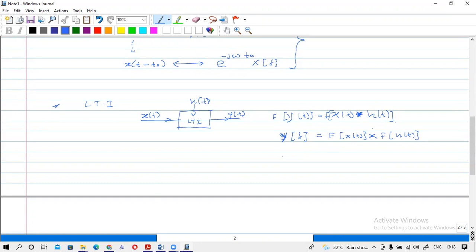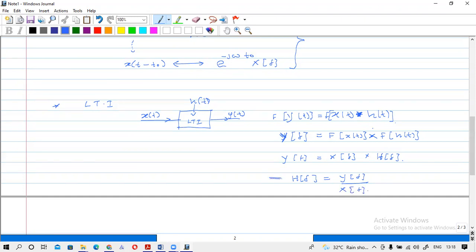So the Fourier transform of x(t) is X(f), and the Fourier transform of the impulse response is H(f), the frequency domain representation of the impulse response. We can get Y(f) as X(f) times H(f).